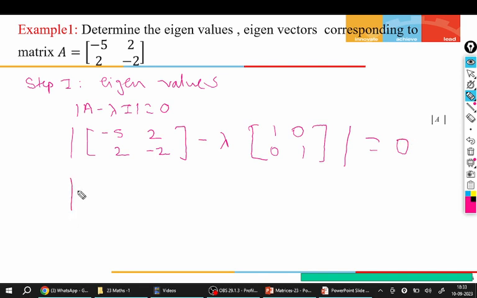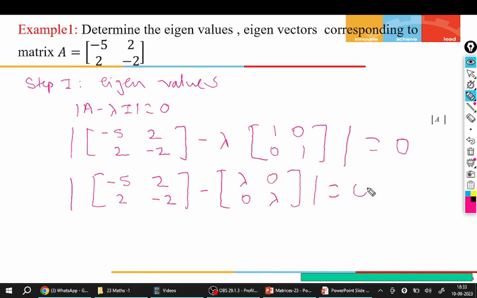The first matrix remains as it is, minus 5, 2, 2, minus 2, minus lambda, 0, 0, lambda. Now we subtract the two matrices, so we get minus 5 minus lambda, 2, 2, minus 2 minus lambda.